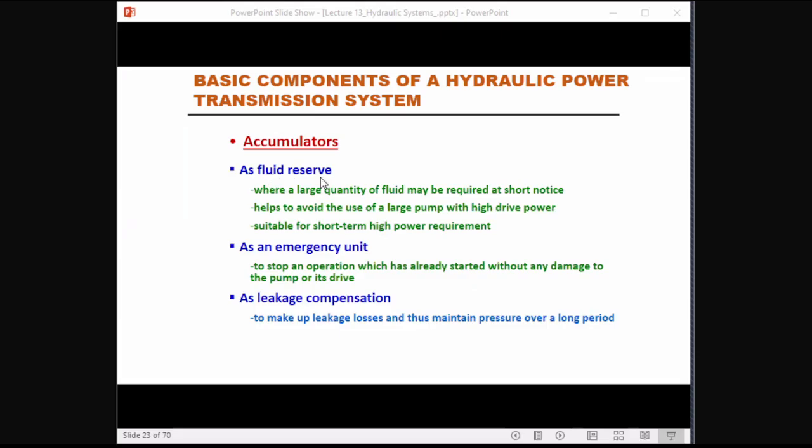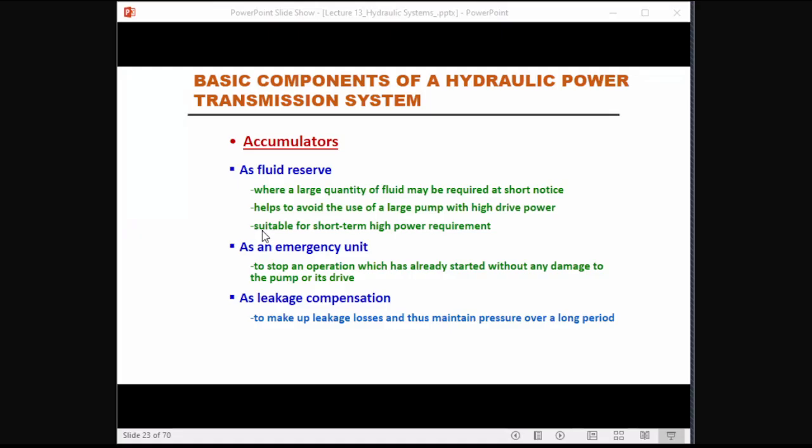As a fluid reserve, accumulators serve as a reserve of hydraulic fluid. Okay, in a system where a large quantity of fluid may be required at short notice, the accumulator provides this fluid without needing a large pump of high drive power.